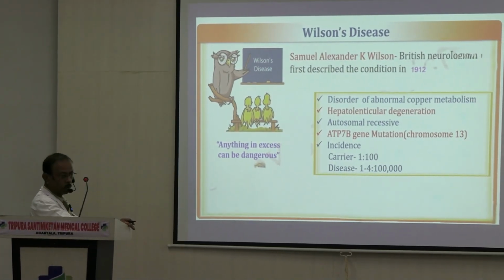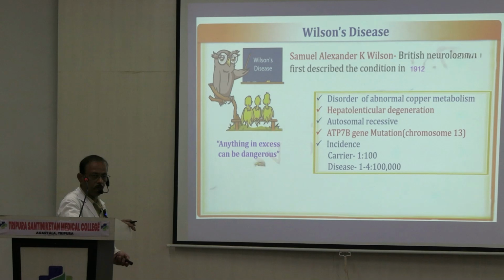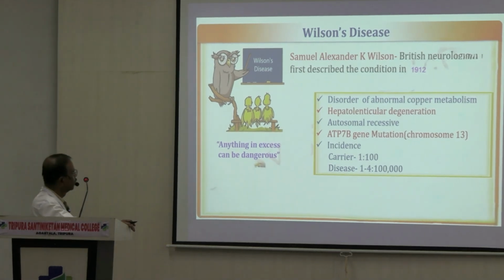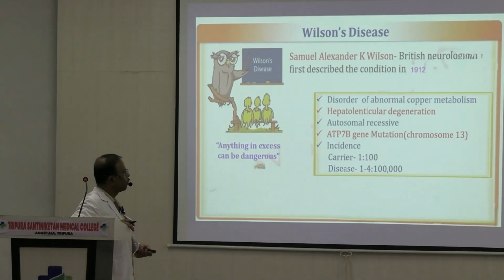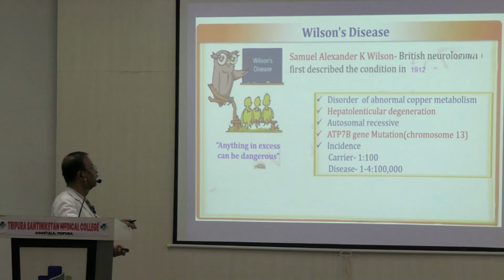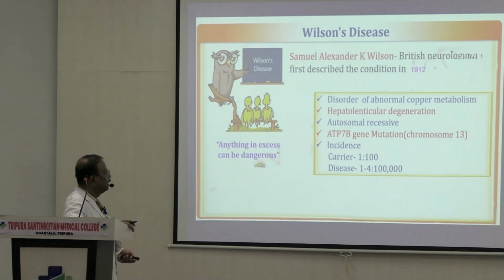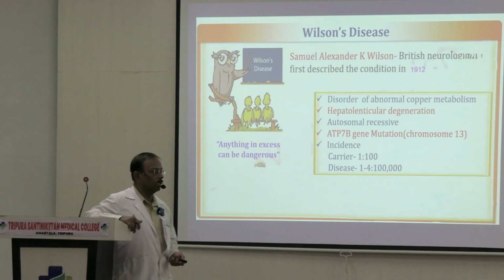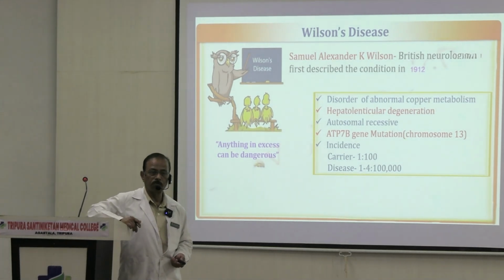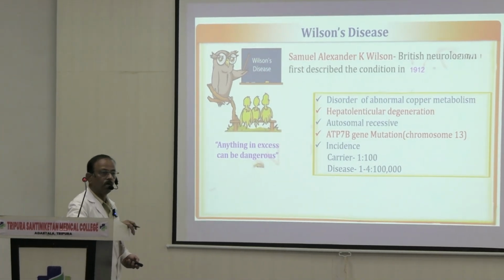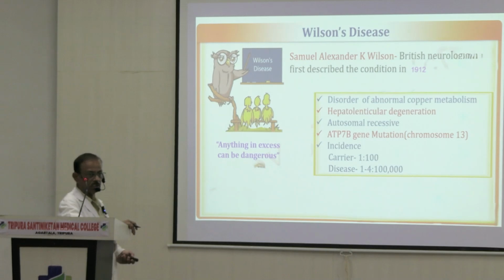This is the most important component of Wilson's disease. That's why this disease is also called hepatolenticular degeneration. This is an autosomal recessive disease. The ATP7B gene mutation on chromosome 13 is responsible for Wilson's disease.